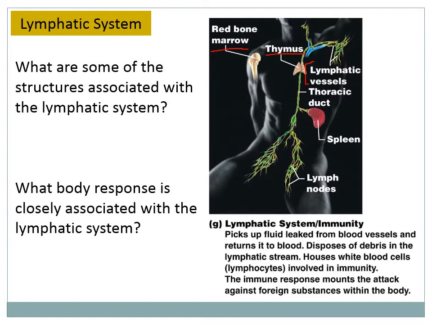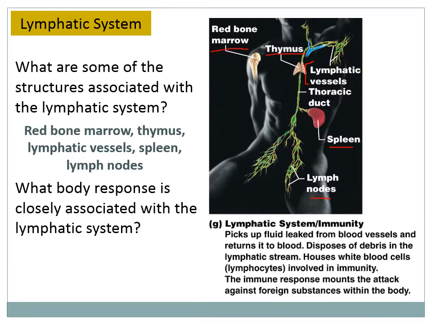The thoracic duct is actually a lymphatic vessel. We have the spleen. We have lymph nodes. So we have quite a few structures. These aren't the only structures that are associated with the lymphatic system, but there's quite a few of them. So the red bone marrow, the thymus, lymphatic vessels, the spleen, and the lymph nodes.